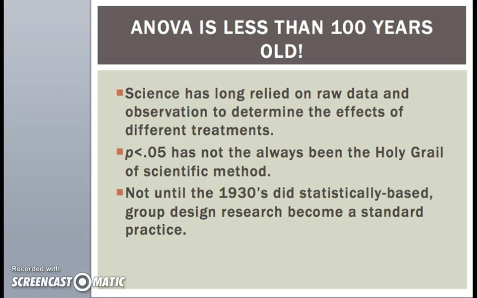So I think it's important to remember, when we look at single subject designs, that we are using methods that are much older and much more sophisticated in terms of their methodology than the use of statistical and probability theory in experimental psychology.